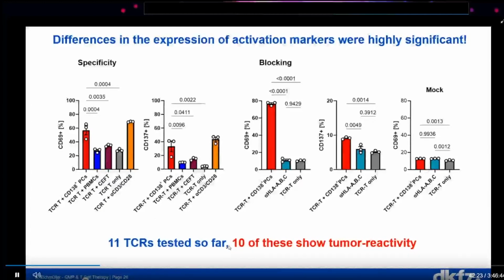Meanwhile, we have 11. 11 out of 11 were really positive and specific, which is, of course, much different than if you would only go for dominant clones and try to find tumor-specific T cells by analyzing dominant clones. And this specificity was again tested here with the CD69 signal and TCR and the controls I showed you before. So this is a summary slide here.